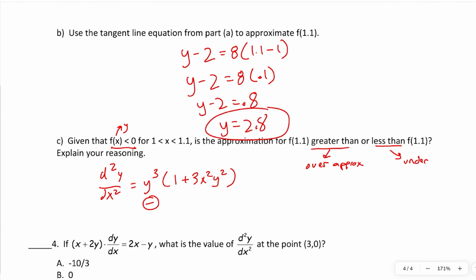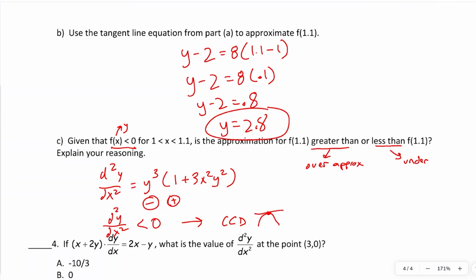Positive or negative? Positive. And so we have a negative times a positive. So the second derivative must be negative.